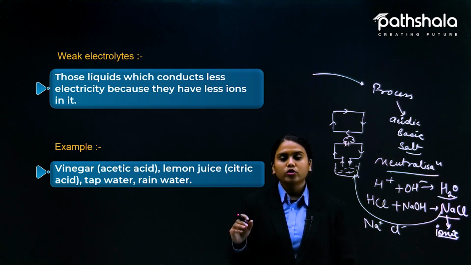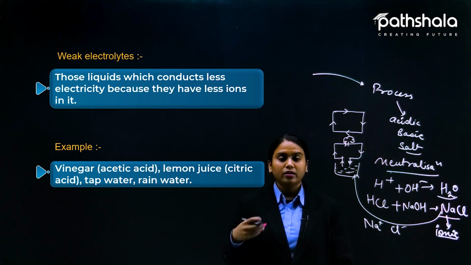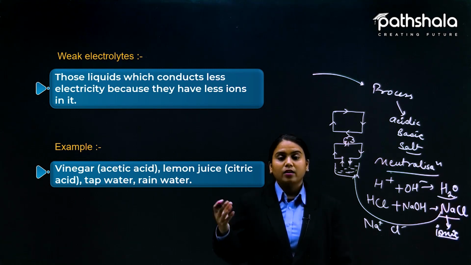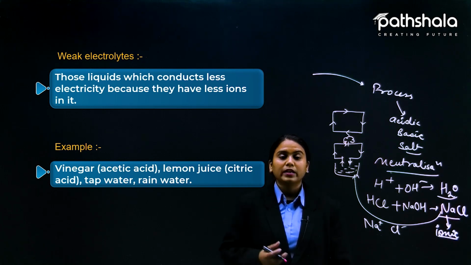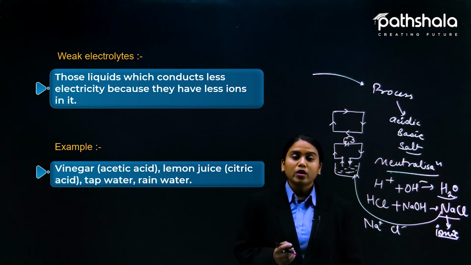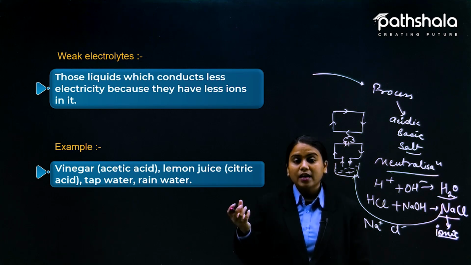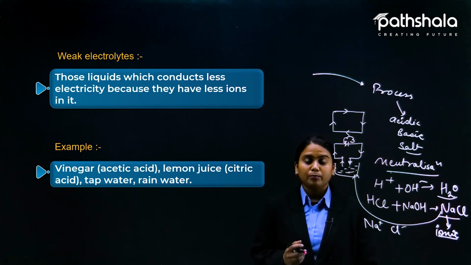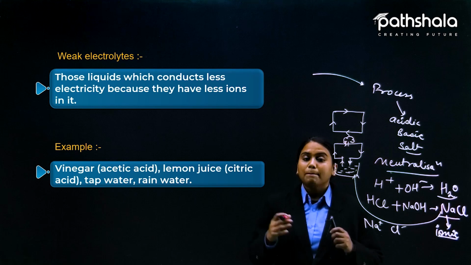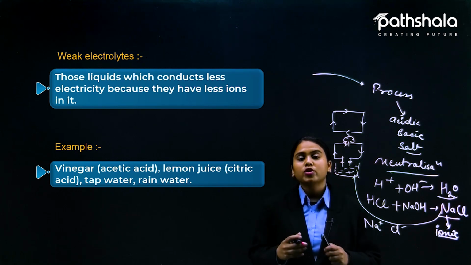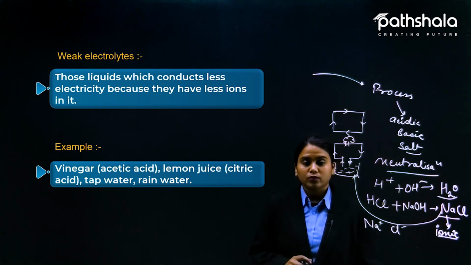That is okay also, because these are the things that we need daily. Like water and vinegar we consume, and lemon juice helps us digest food. So some weak acids are very necessary for our day-to-day life, but for the conduction of electricity, they are not so useful.